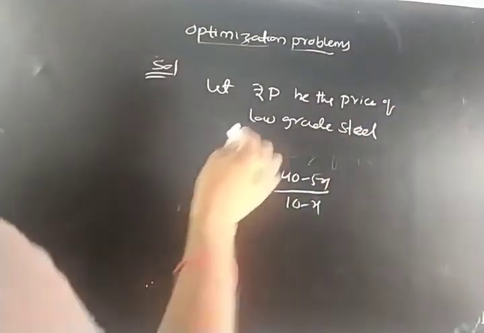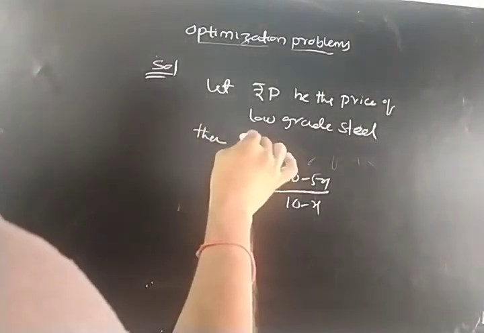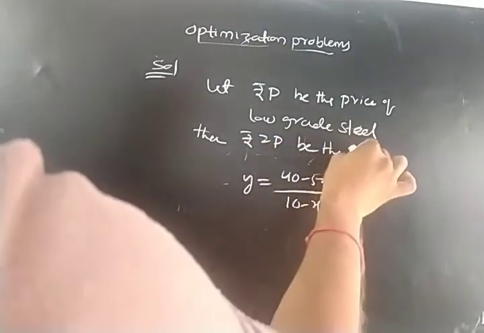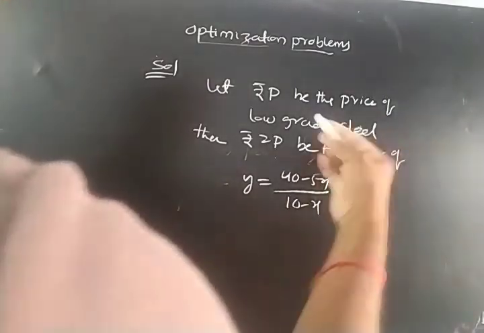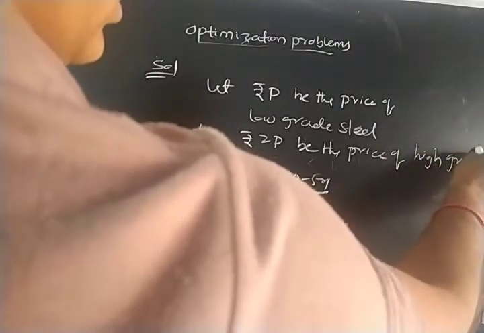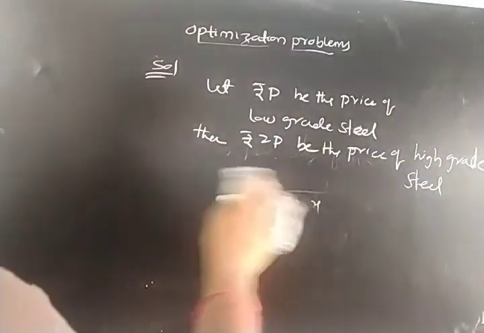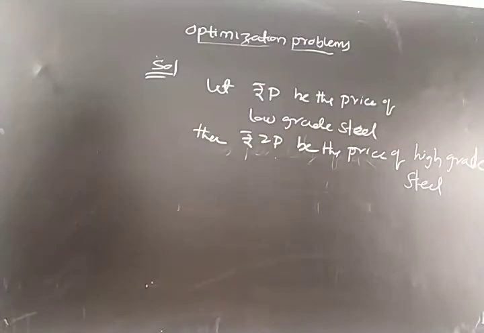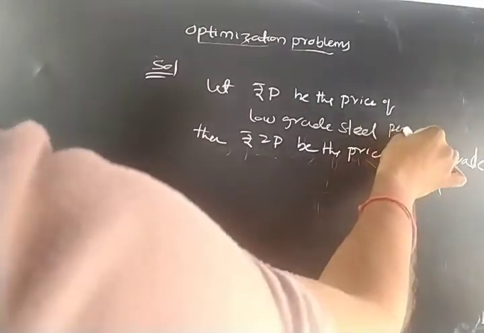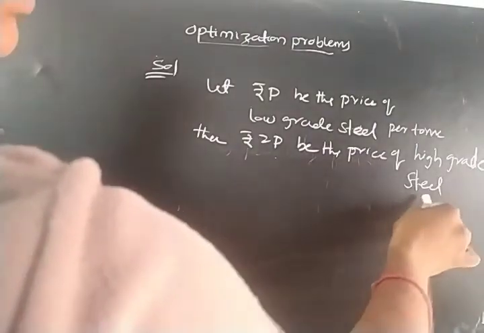If P is the rupees of low grade steel, then rupees 2P is the price of each high grade steel. So P is the price of low grade steel per 1 ton, and 2P is the price of high grade steel per ton.